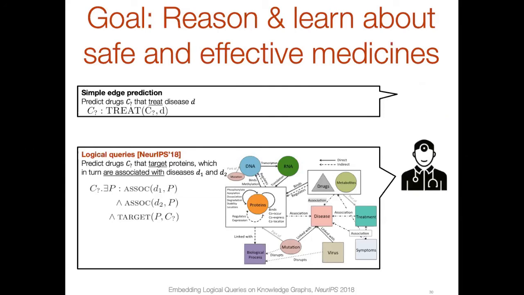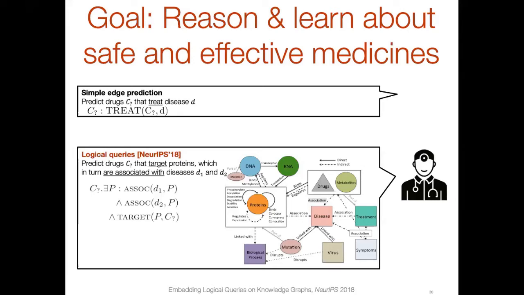What we argue is that that is great, but it's not so actionable in the sense that when we really want to deploy these models, we don't want to simply say a drug will treat the disease, but really how will that be achieved, and what are the follow-up experiments the domain expert can do in the lab to get insight into that prediction. So that means that our models need to be able to answer more complex logical queries.